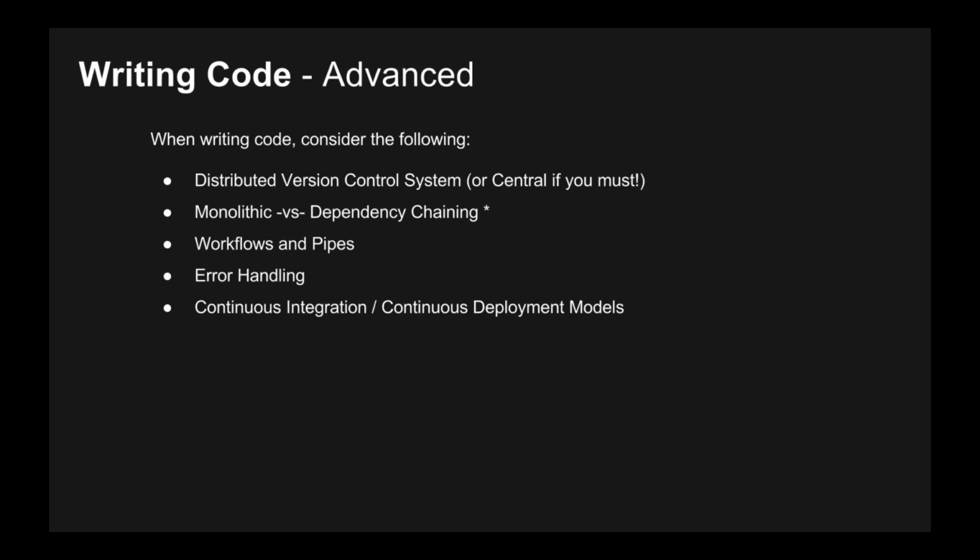Distributed simply means that it's normally hosted elsewhere. It's a place that you can hit when you're on the internet, but if you're not on the internet, you can still develop. You still have the code locally on your machine, and obviously Git is a prime example of that.